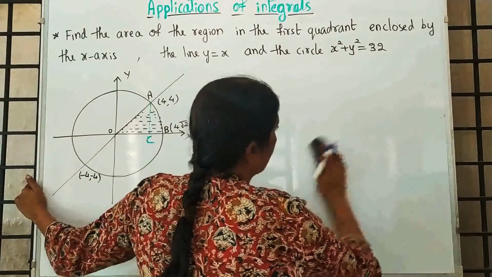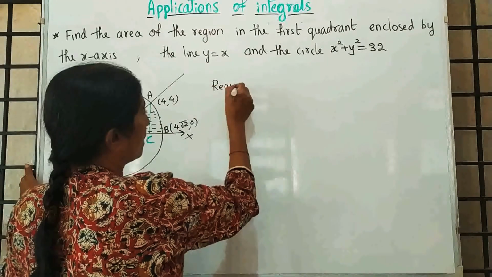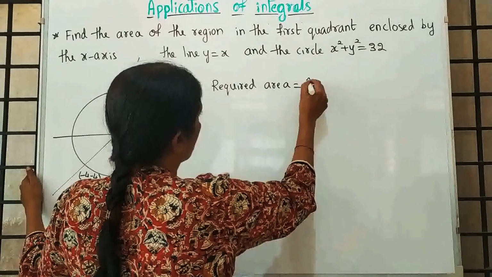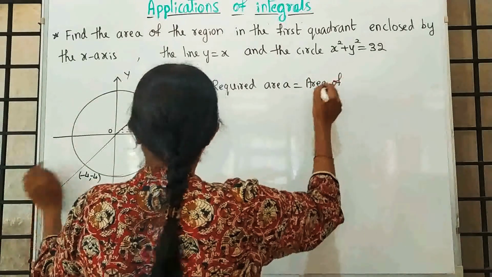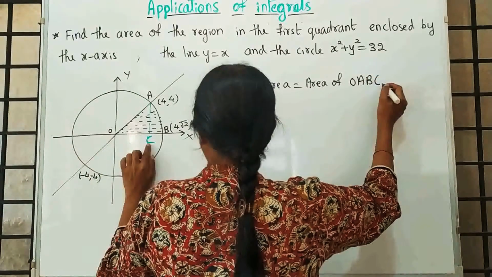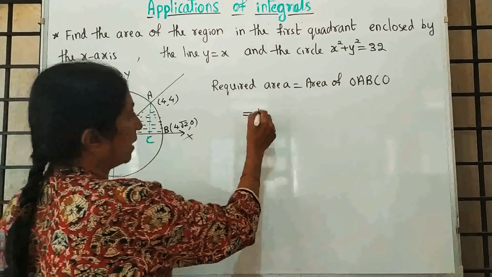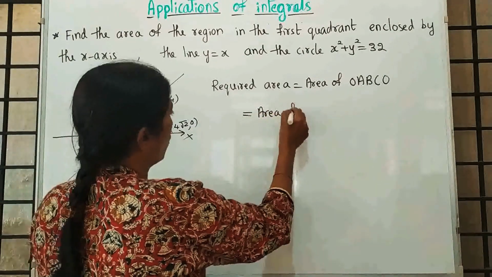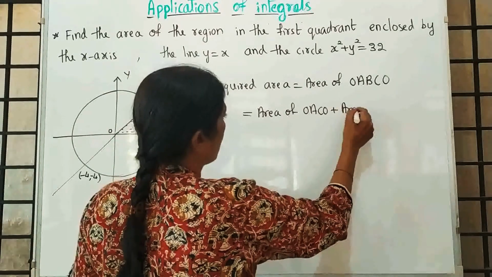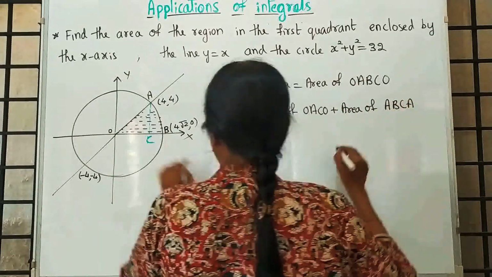See how we will write it then. Required area is equal to area of OABCO. See that figure carefully. We are writing it as area of OACO plus area of ABCA. Understood?